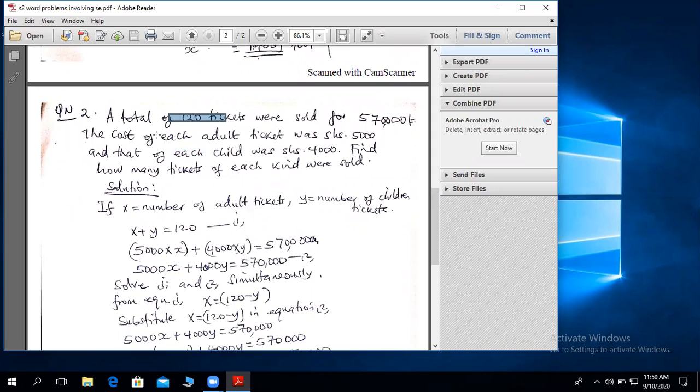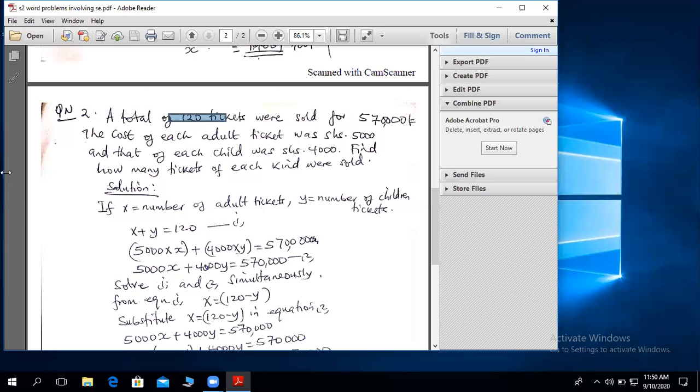But you don't know the number of tickets for adults and the number of tickets for children. But you know their cost. Each ticket for an adult is 5,000 and each ticket for a child is 4,000. But if 120 tickets are sold, then they will cost this amount.